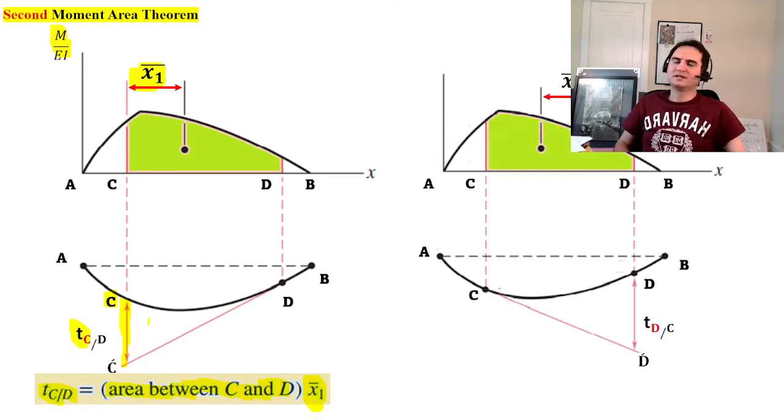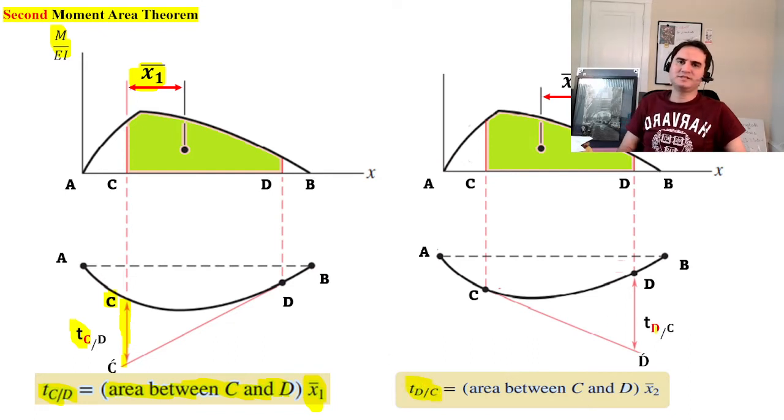Likewise, if you calculate the tangent of D with respect to C, you need to go with the vertical line which passes through D, and that's the distance x2.